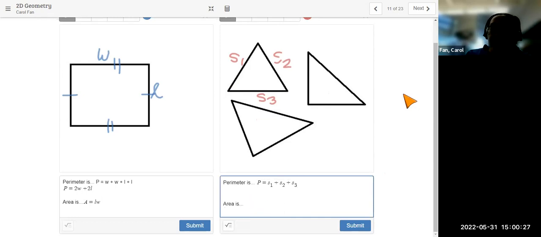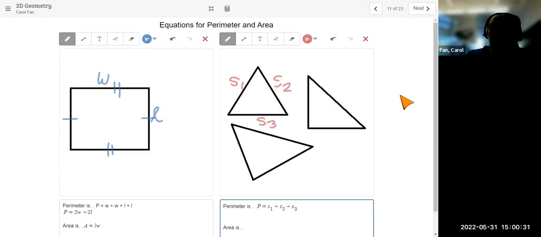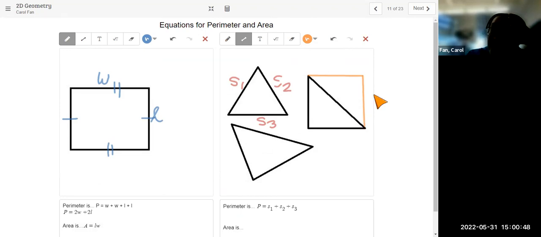Now you'll notice that a triangle is kind of similar to a rectangle in that if I were to extend it so that I have two sides that gave me another triangle, you'll notice that this is actually a rectangle.